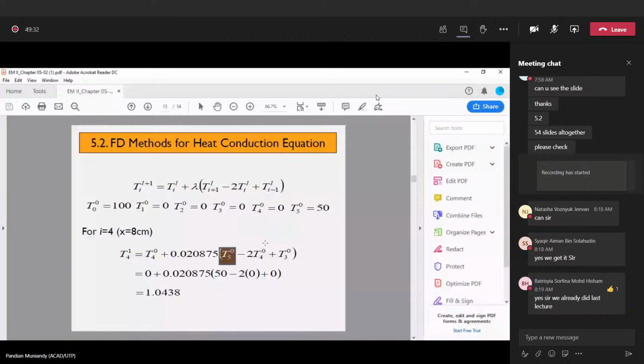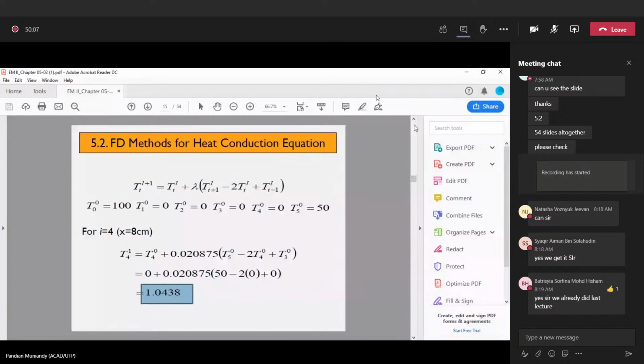This one you have to be careful, 50 here. Minus 2 multiplied by T superscript 0 subscript 4, 0, plus T superscript 0 subscript 3, 0. So you calculate this, 50 multiplied by 0.020875, you should get at least 4 decimal places, 1.0438. Of course, you can move on to 6 decimal or 5 decimal. Minimum is 4 decimal. So now I4 you already found.